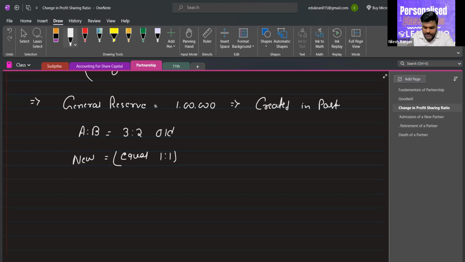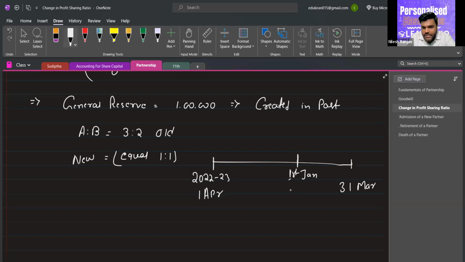Let's say we take this example, 2022-23. It starts on 1st April and ends on 31st March. Our profit sharing ratio changed on 1st January, and on this date there is a general reserve of 1 lakh.